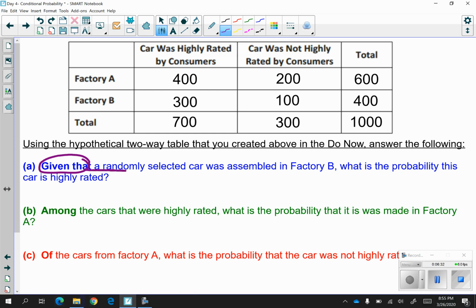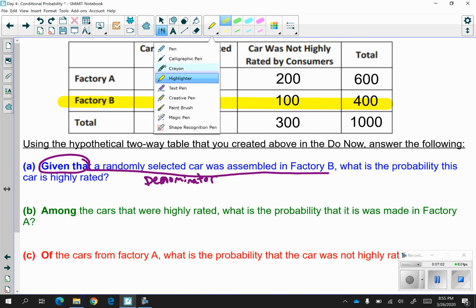A randomly selected car was assembled in factory B. Automatically, I know that's my denominator. What is the probability that the car is highly rated? So I'm going to go to my condition, which is given that the car was assembled in factory B. And I'm going to highlight factory B. Now I'm going to proceed with the rest of the problem.